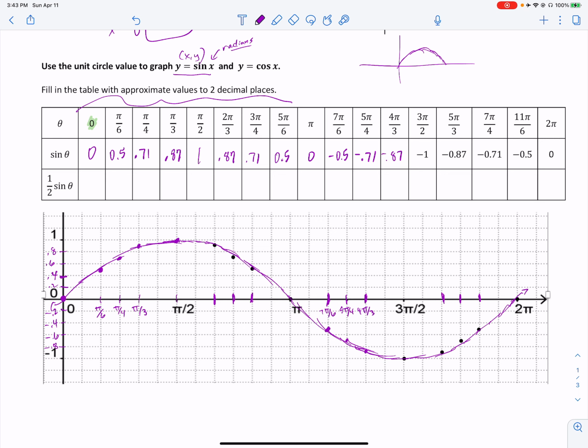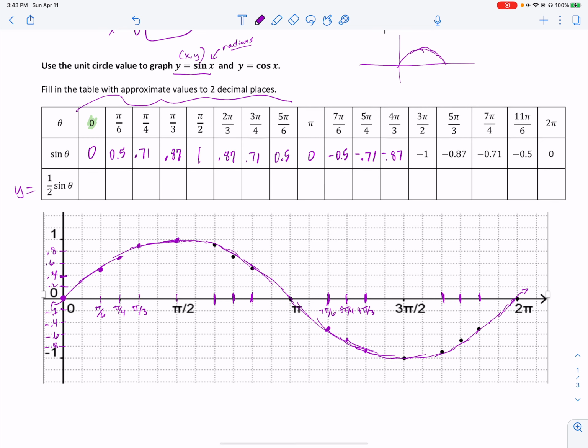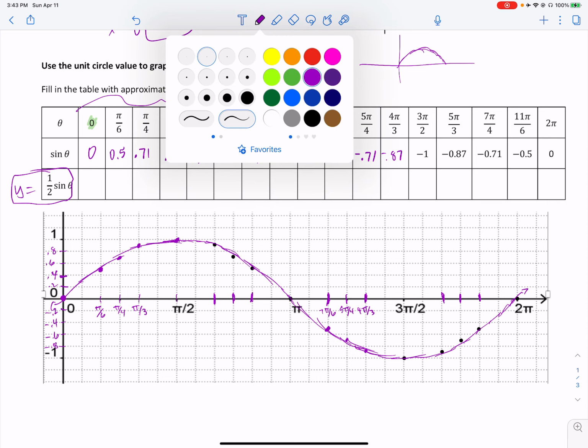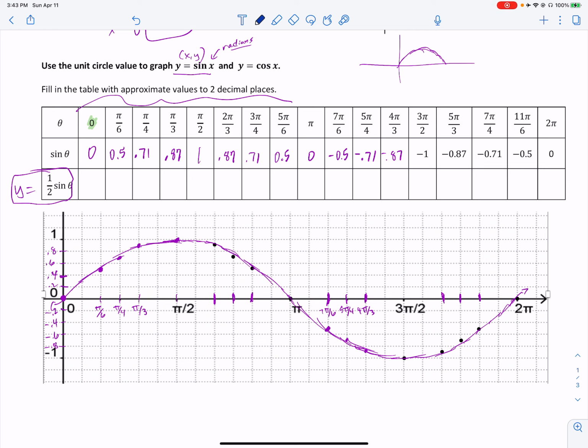And if we do y equals 1/2 sine theta, then all these y values are going to be multiplied by 1/2. And so I'd plot those. Half of 0 is 0. Half of 0.5 is 0.25. Half of 0.707 is close to just 0.35.